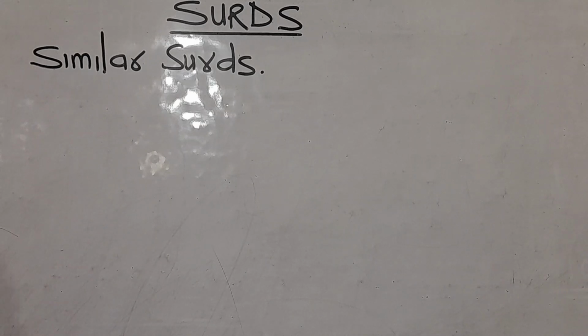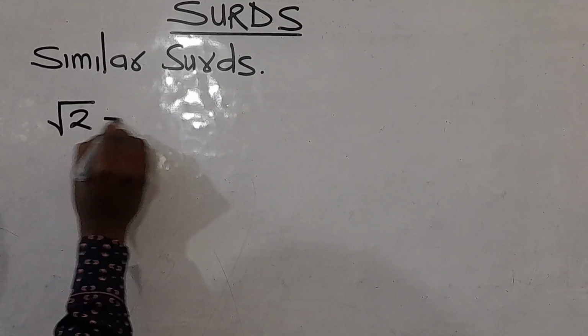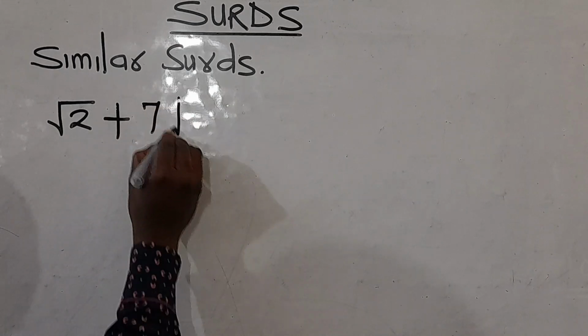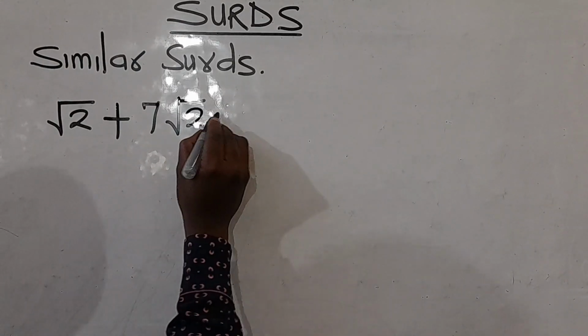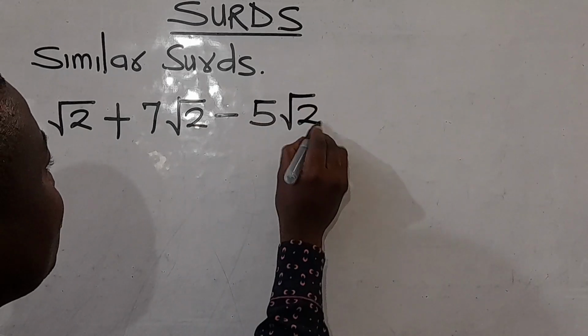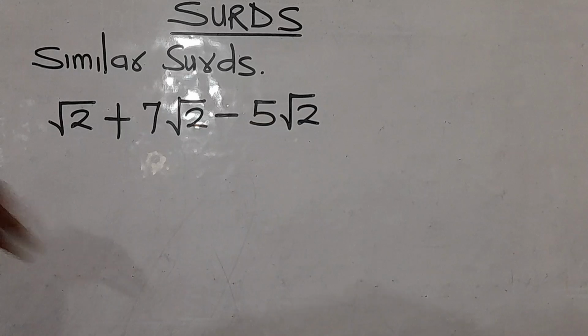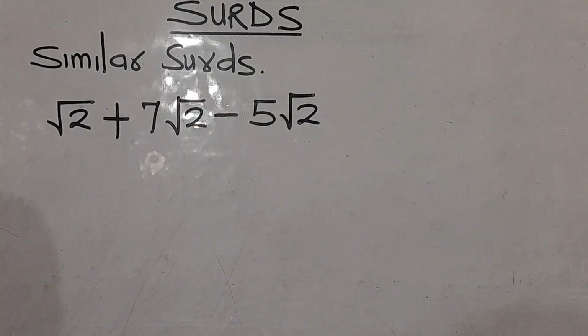Now let's go to the first part. Let's see how we add and subtract similar surds. For instance, if we have root 2 plus 7 root 2 minus 5 root 2. If you look at all these, they have the same surd, so they are termed similar.